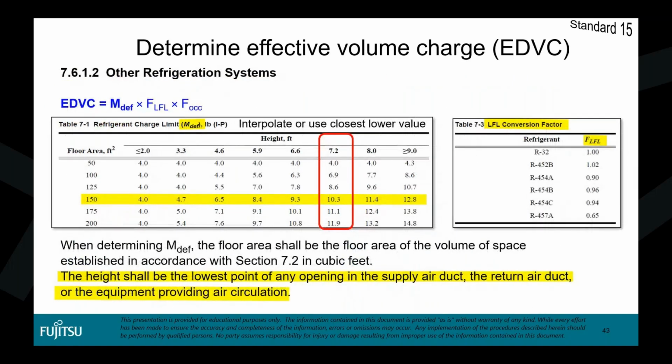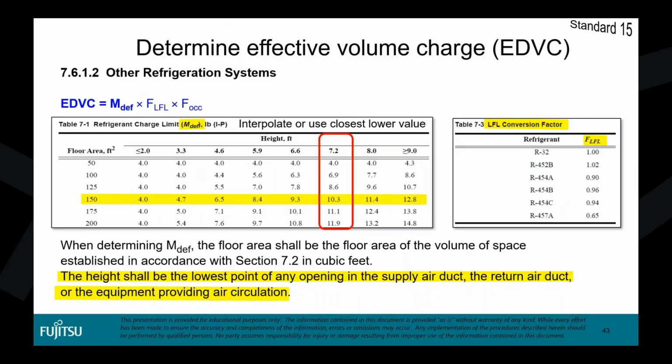So now I'm looking at other refrigeration systems. I'm trying to find the MDEF for that formula. I look in the table there, I go down on the left in floor area in square feet. I picked 150, it goes to 10,000, I think, but I picked something reasonable there. For 150 square feet, I can go out to the right and stop in red. That is for 7.2 feet dispersal height. As you can see there in the horizontal top, it goes between 2 and 9.